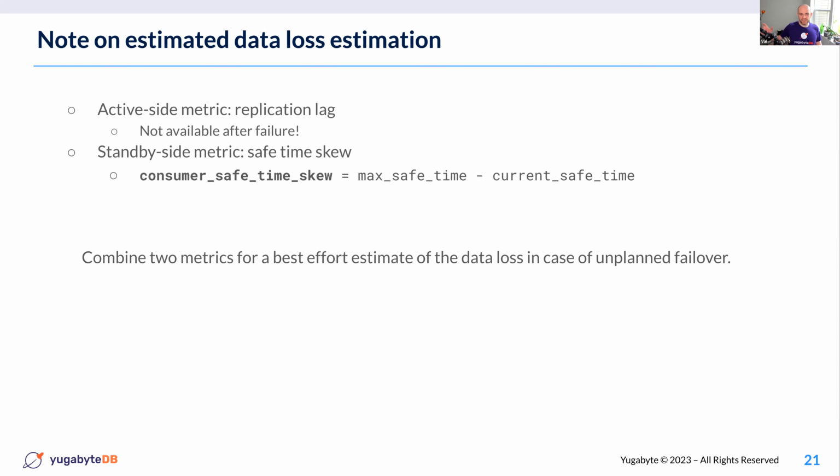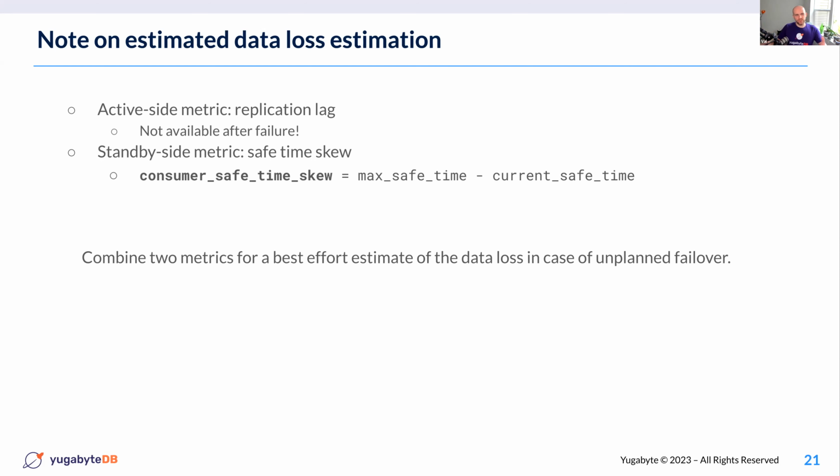And there is another metric that we added, which we call consumer safe time skew. That is on the standby side. It is essentially the difference between the actual safe time and the maximum safe time across all the tablets, right? So the safe time skew is what you lose when you apply PITR, right?